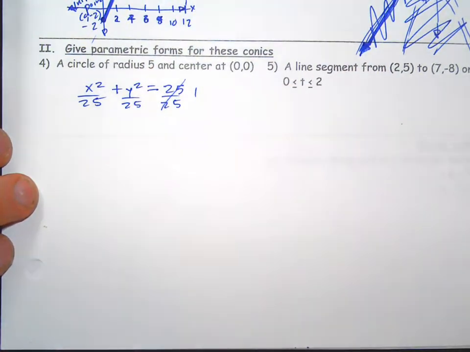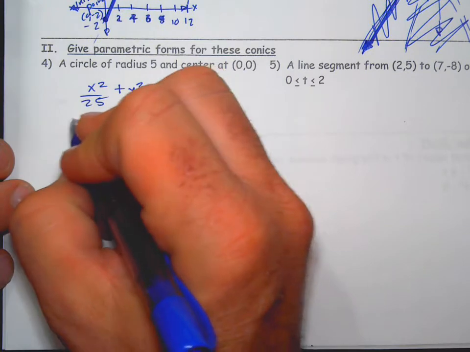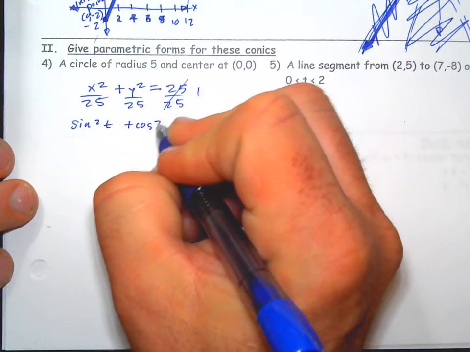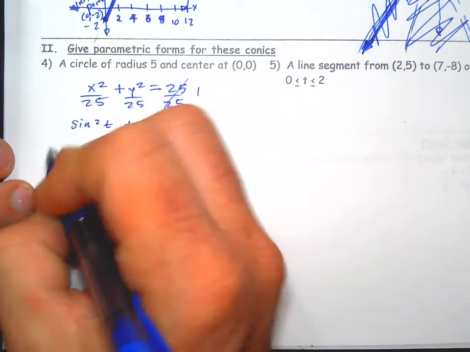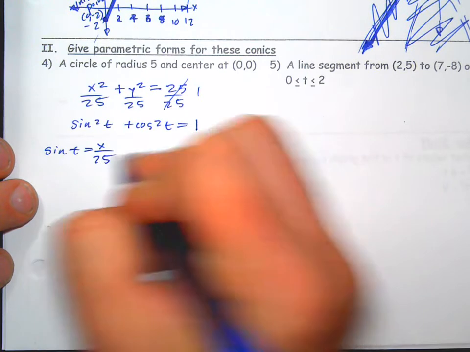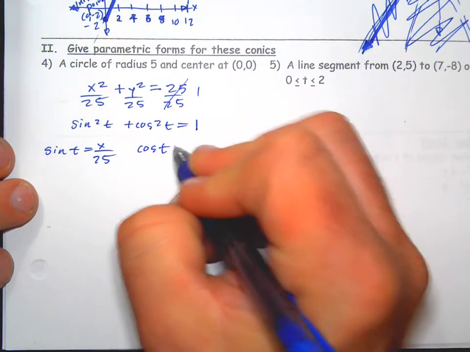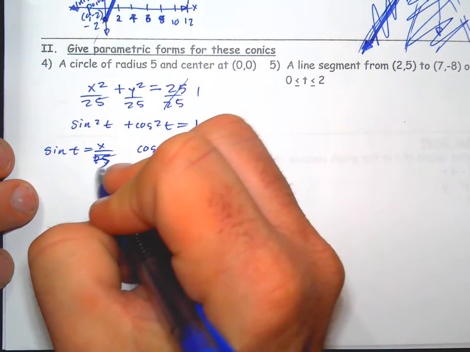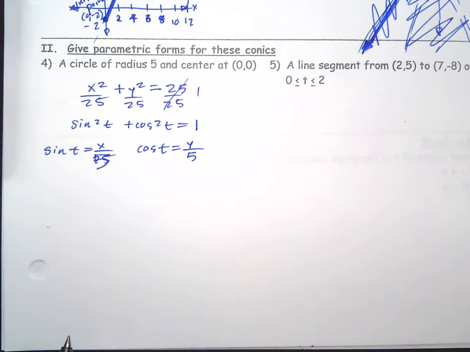Sine squared plus cosine squared. So we could put the sine squared here and the cosine squared here equal to 1. So it means that sine would have to equal x over 5, and cosine would have to equal y over 5. And this is one way you could do it.